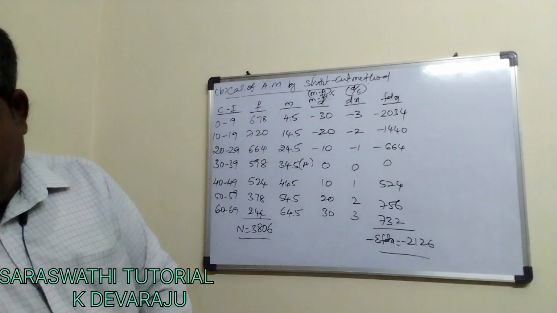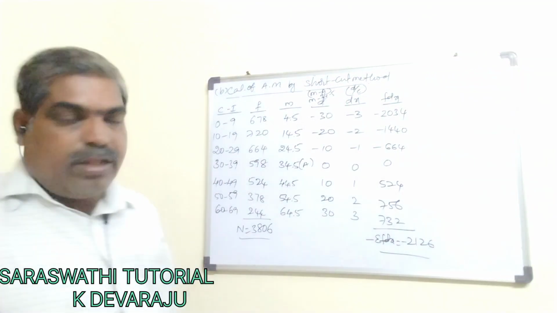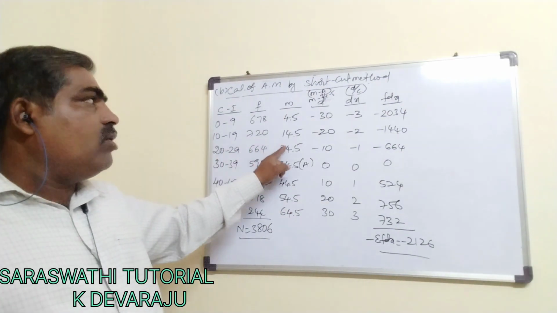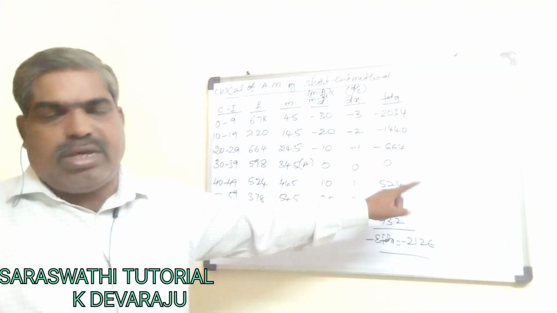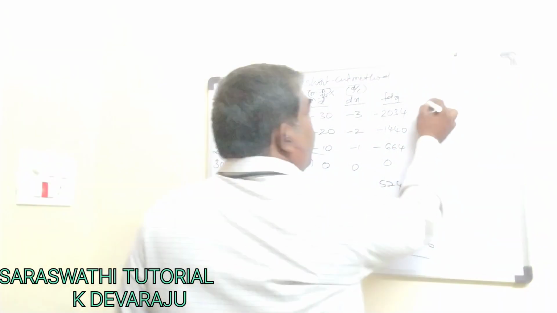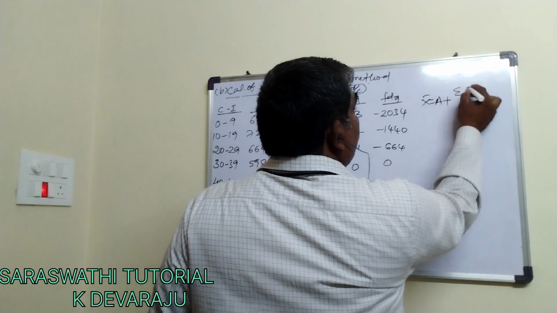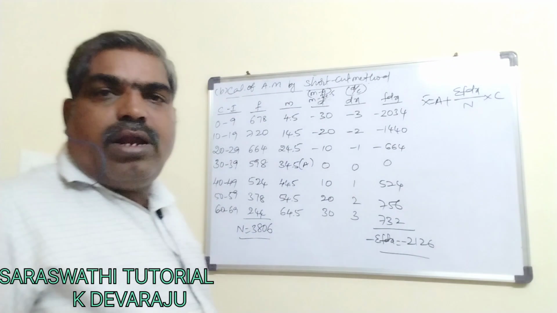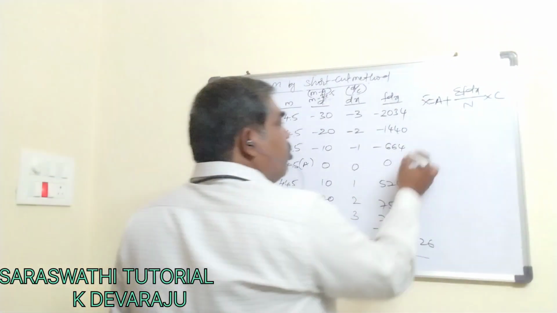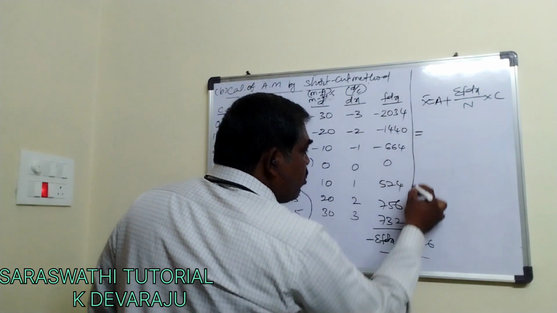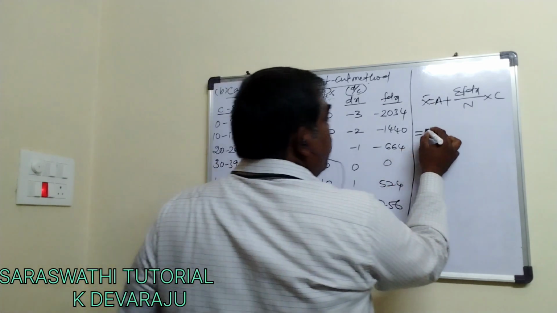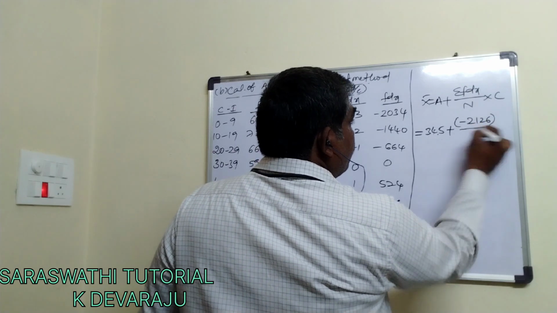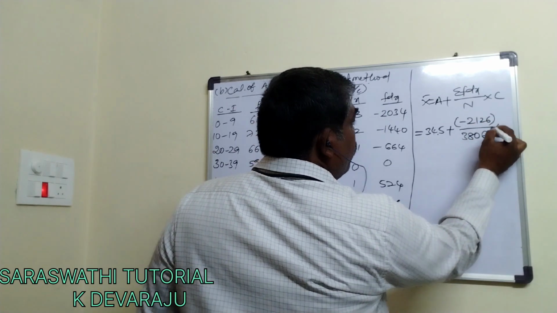From this table, we first complete the class interval, frequency, mid values, D, Dx and FDx. The formula is x bar equals A plus summation FDx by N into C. A we have taken as 34.5, plus FDx minus 2,126 by 3,806.